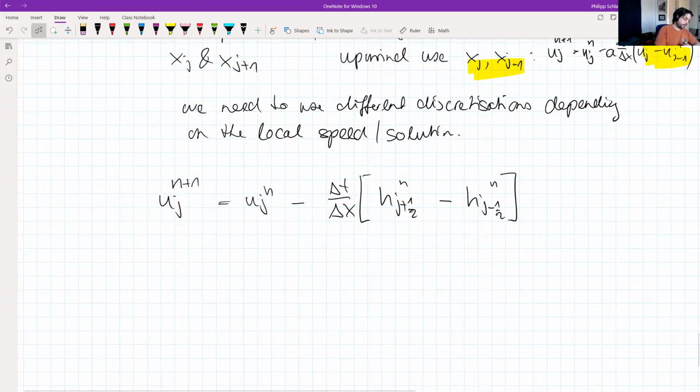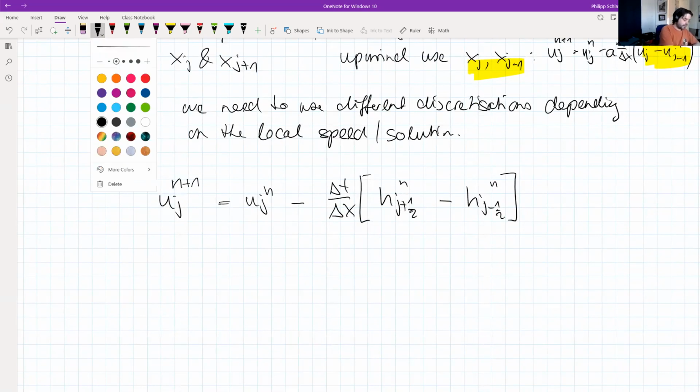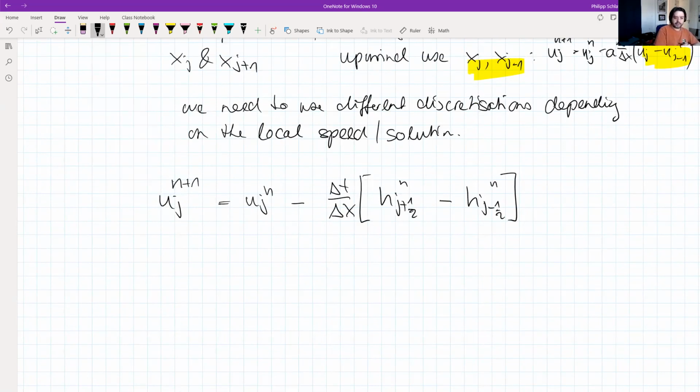Something like this. What I just wrote here is something that we would call the conservative formulation, or a conservative scheme.